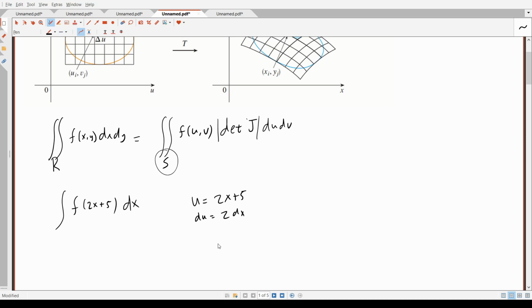So I have that du/dx equals 2. So I have dx equals 1/2 du. So this becomes the integral of f of u times 1/2 du.